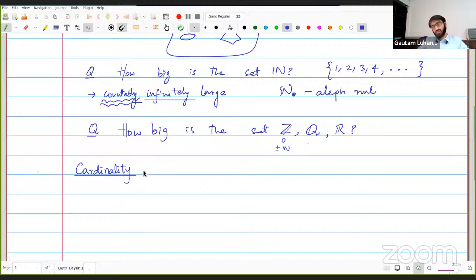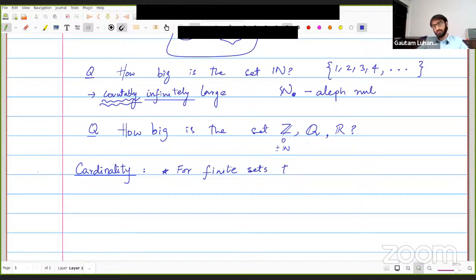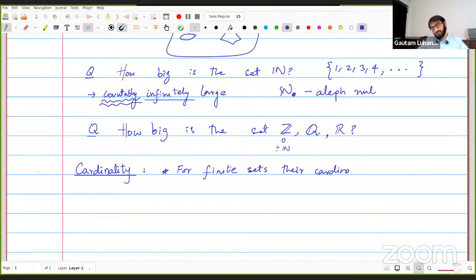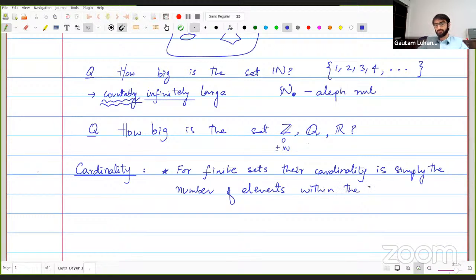I'm going to start off by stating a simple fact: for finite sets, their cardinality is simply the number of elements within the set.